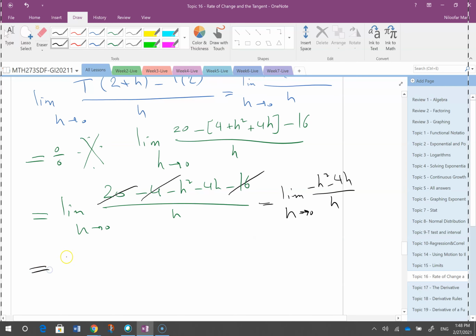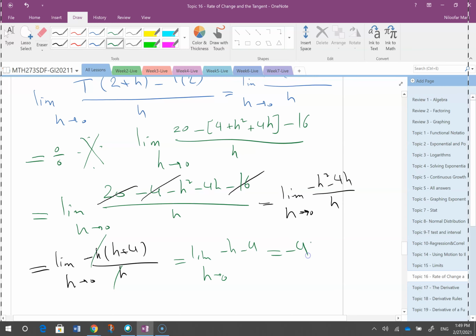Now I factor: minus h times (h plus 4), divided by h, as h goes to 0. Now I cancel h and h, and it is the limit of minus h minus 4 as h goes to 0, and the answer is minus 4.